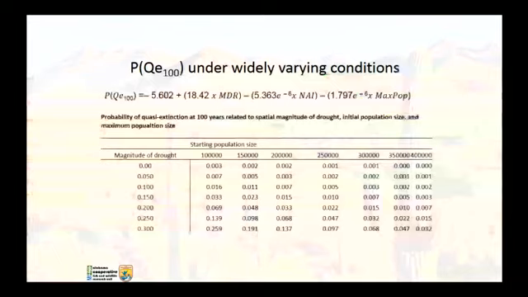So, yeah, I guess I should have a slide wrapping this up and saying that the decision makers took this information, they looked at this table, and they would say things like, we can have a 30% increase in our drought frequency or our drought spatial magnitude, and at our current population sizes, we're still dealing with really low extinction risks at 100 years into the future.